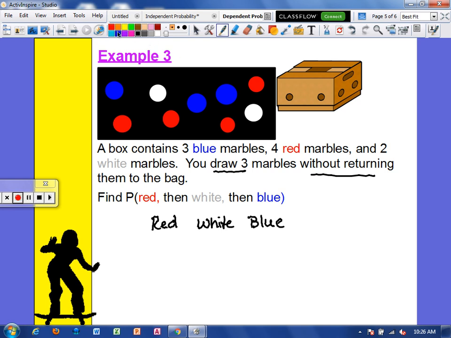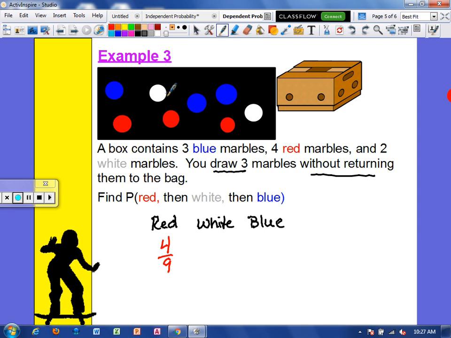All right, so we'll start with red. So there are 4 red marbles out of 1, 2, 3, 4, 5, 6, 7, 8, 9 total. So you have a 4 out of 9 chance of drawing a red. Now let's say we actually do draw a red marble. We don't replace it. Now let's figure out the chance of getting a white marble.